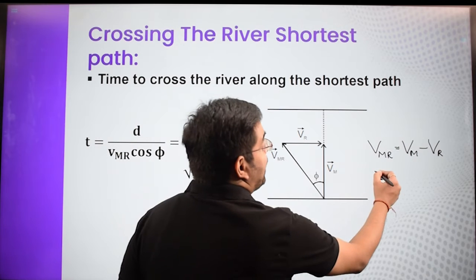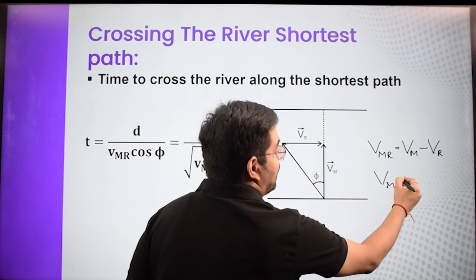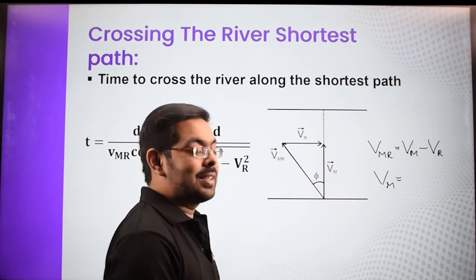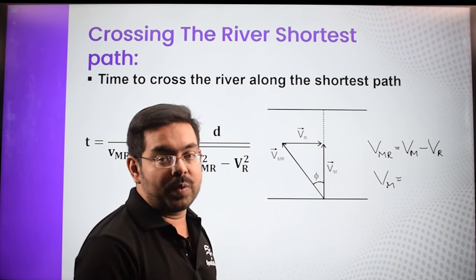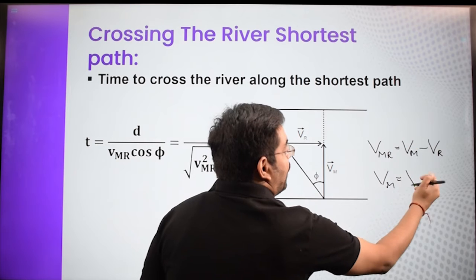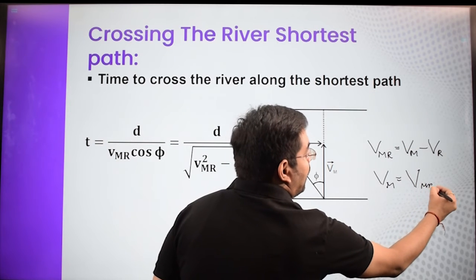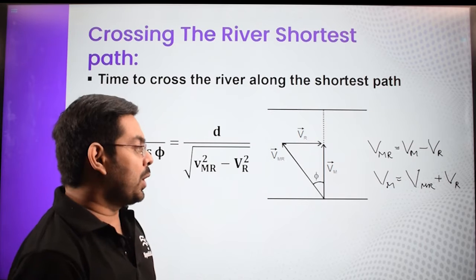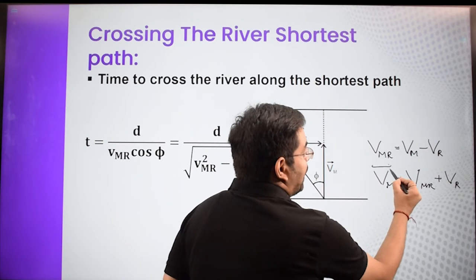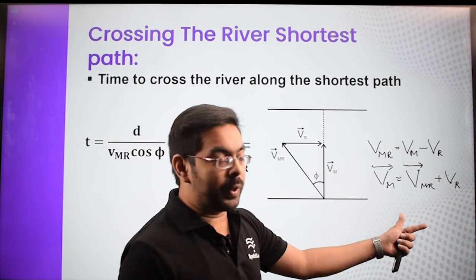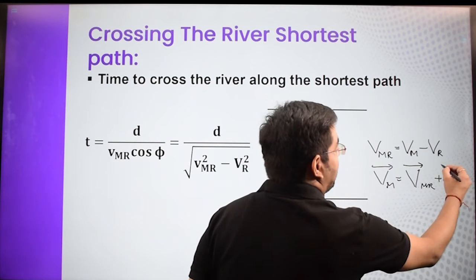So net velocity of man with respect to ground, that is his absolute velocity, his actual velocity as observed by any observer on the ground, will be Vm, and this will be equal to Vmr plus Vr. Okay, so man's velocity will be the sum of man's velocity with respect to river, that is the effort velocity, plus velocity of river.